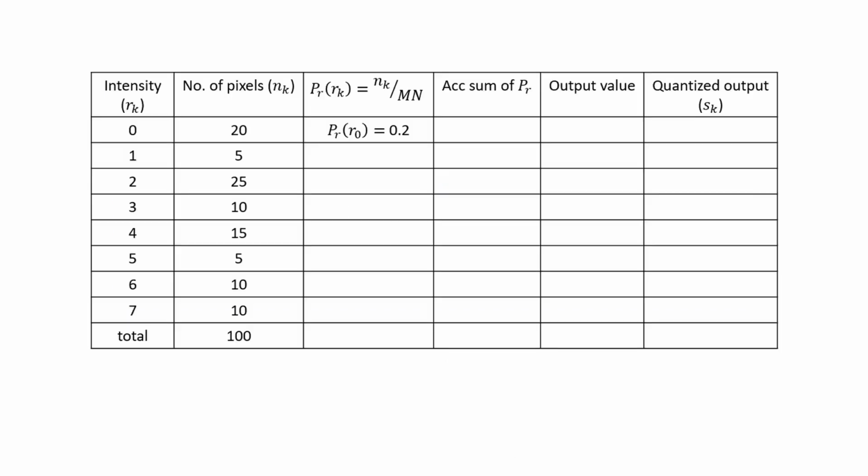here is an example of histogram equalization. Suppose we have an image with intensities from 0 to 7 and the number of pixels for each intensity.